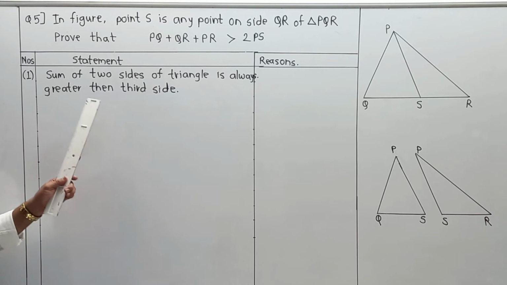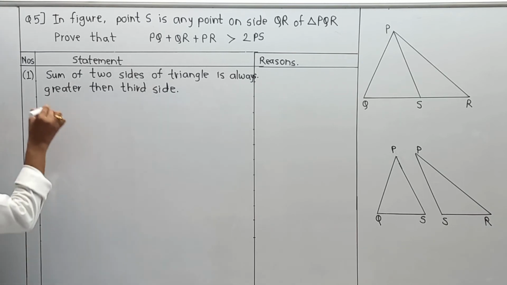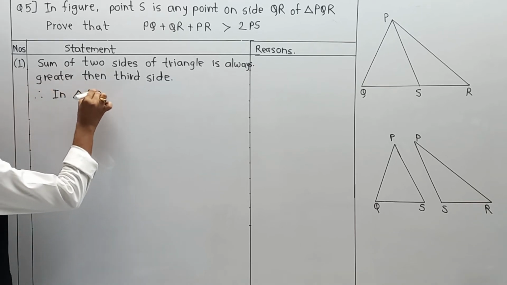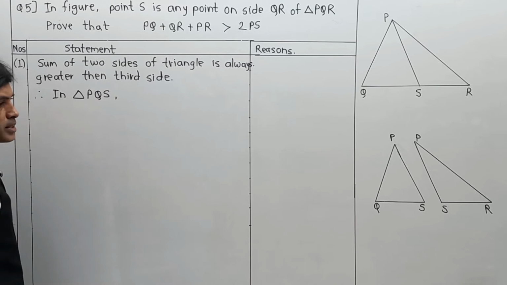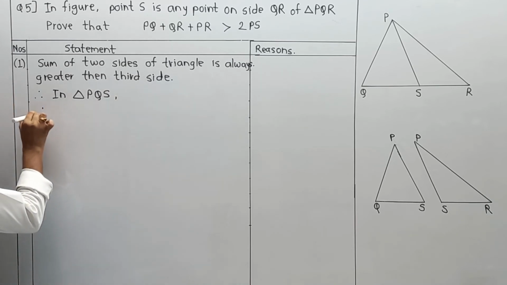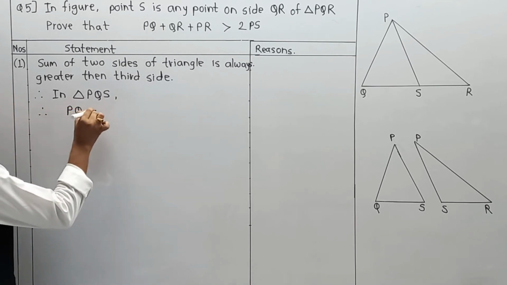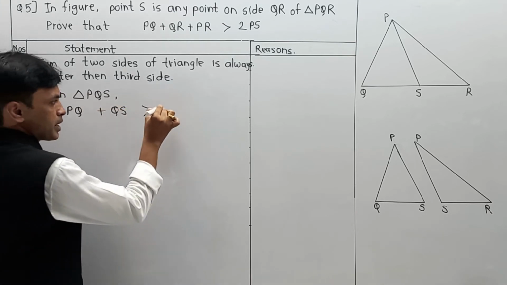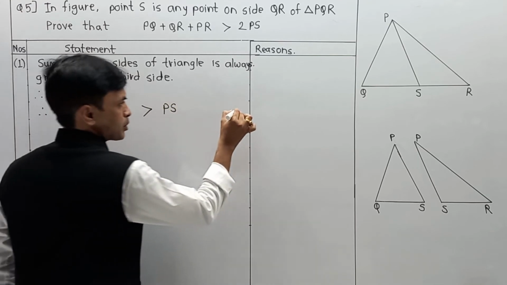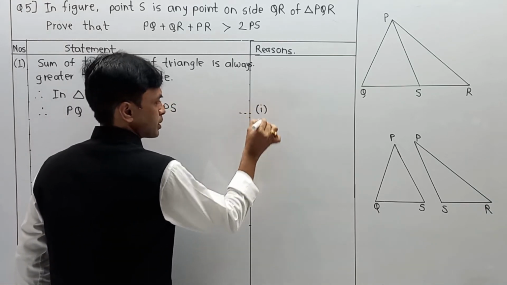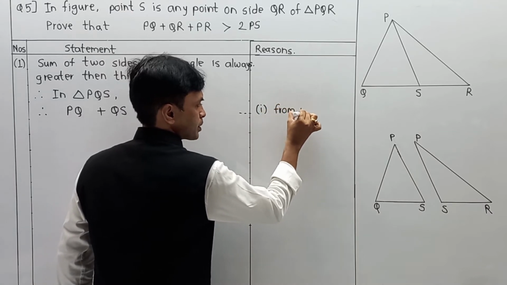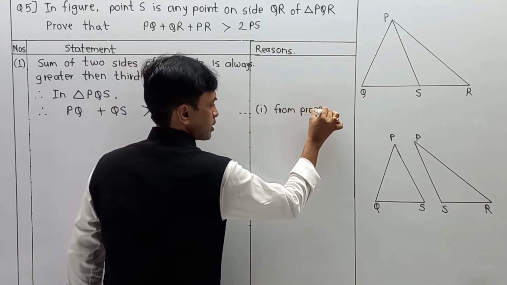Using this principle and part over here. So first in triangle PQS. Therefore, in triangle PQS, the part is PQ plus QS. PQ plus QS is greater than PS. I am going to call it equation number 1, from property of triangle.